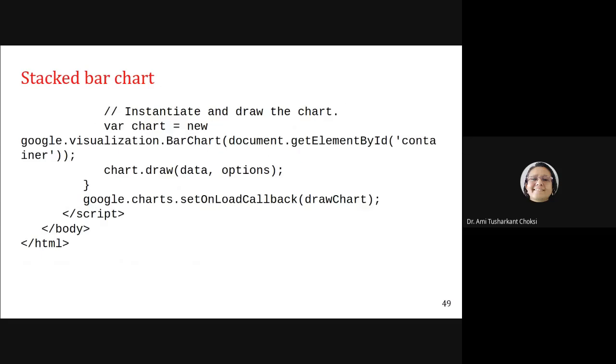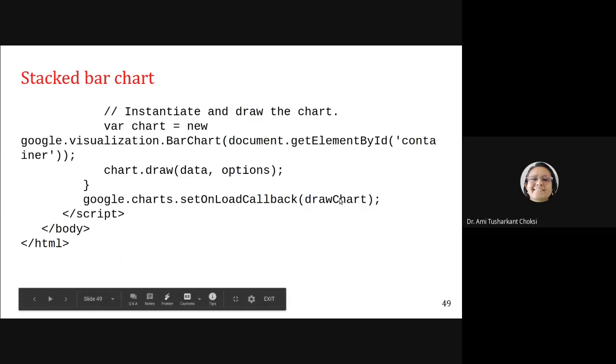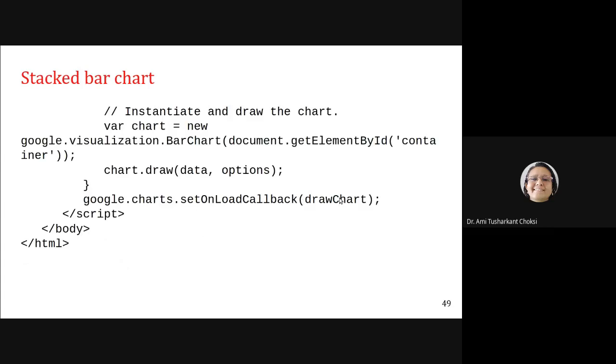The thing is, we have specified everything, and we are calling this particular function, that is drawChart. In the script only we have specified, right? So it doesn't matter whether you have specified it in the starting or in the end. The only thing is it should be called when we want to see the chart. So do not confuse with that.